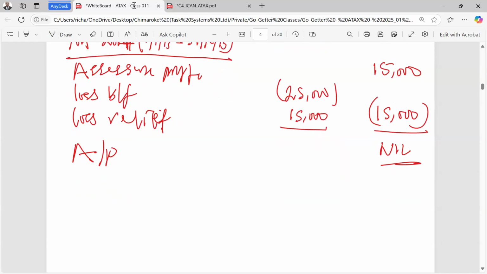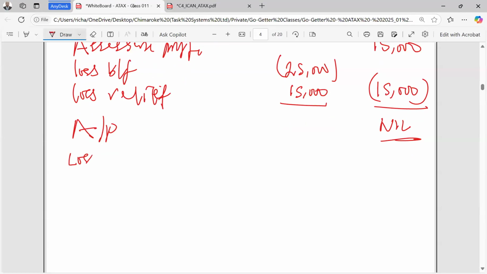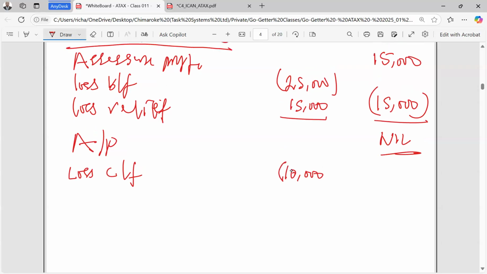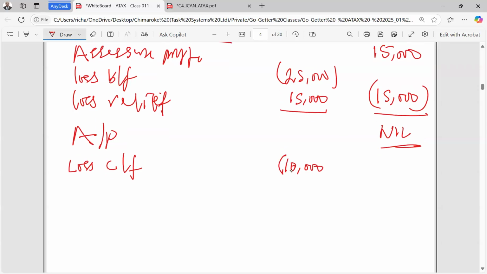I'm going to do here loss carry forward. Put it in brackets. So your 10,000 is going to be available for relief for the next period.